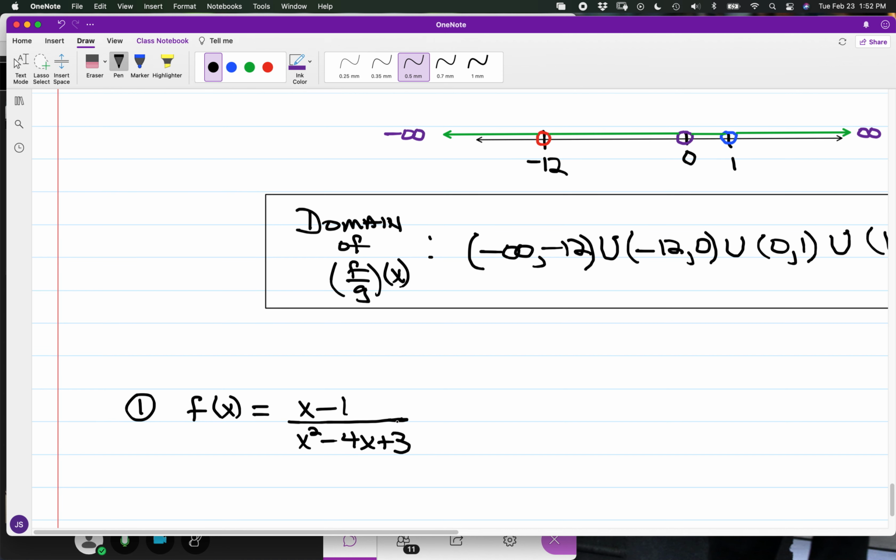And the reason I had a function like this set up is that it is easy to think that, if I were to factor, I would have x minus 1 times x minus 3, and some might make the careless mistake of canceling out like factors between the numerator and denominator, saying that there's going to be only one restriction.